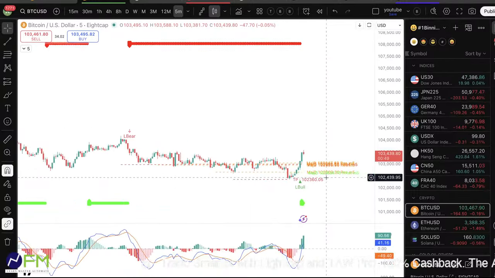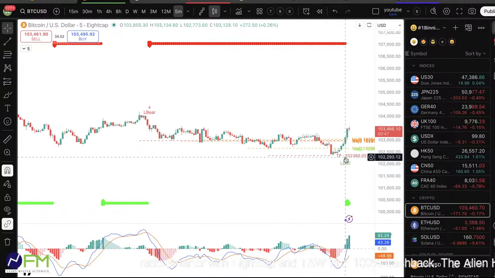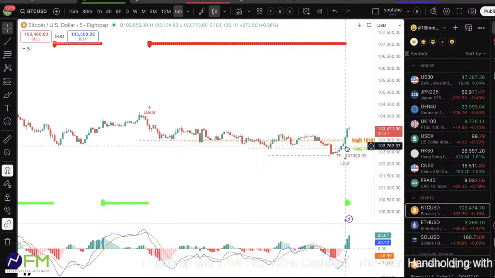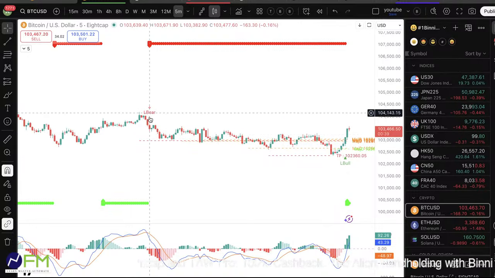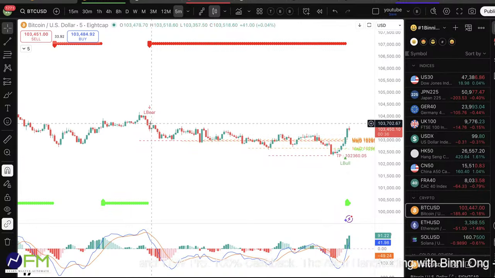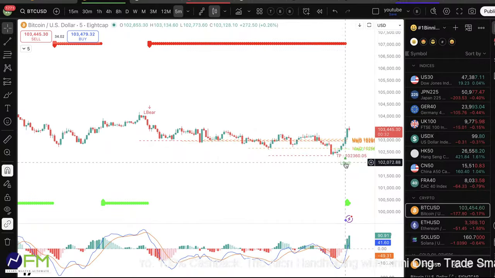For example, this was the 5 minute signal that happened here. It just happened like 5 or 10 minutes ago. And this was the sell signal that happened previously. So the sell and the buy signal.